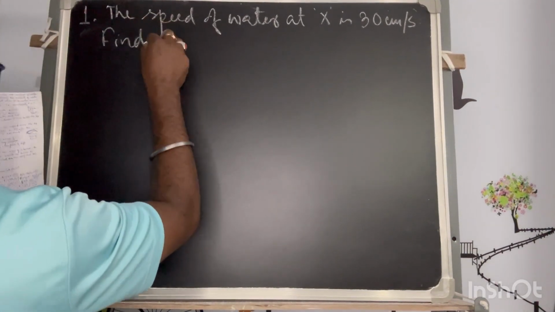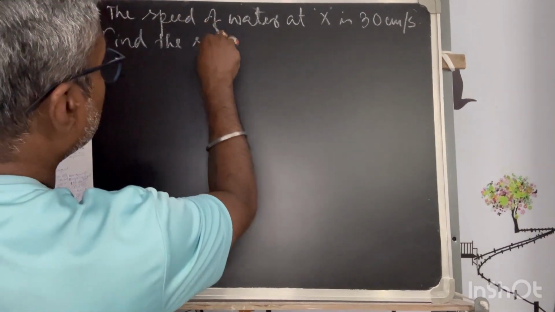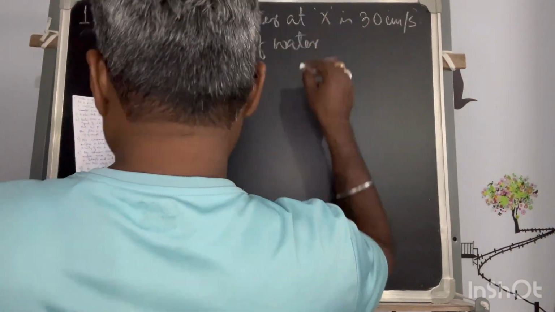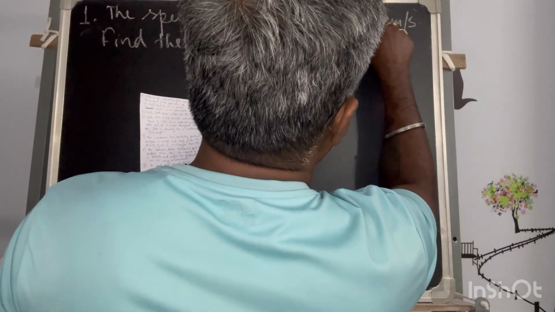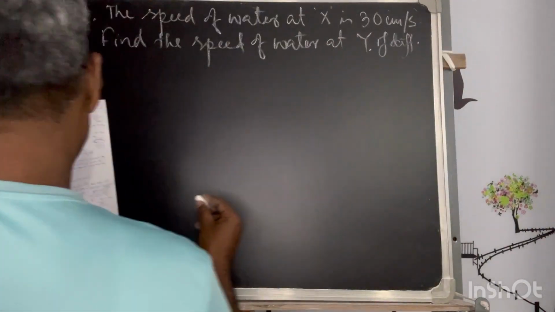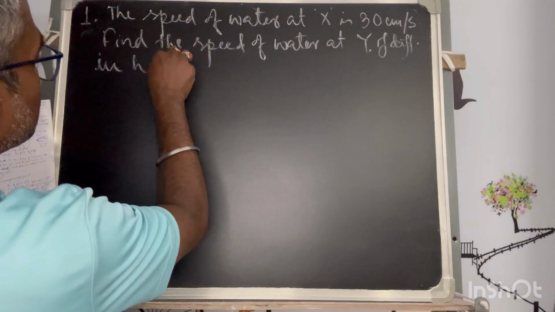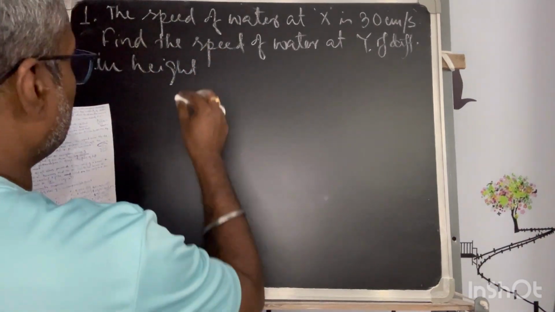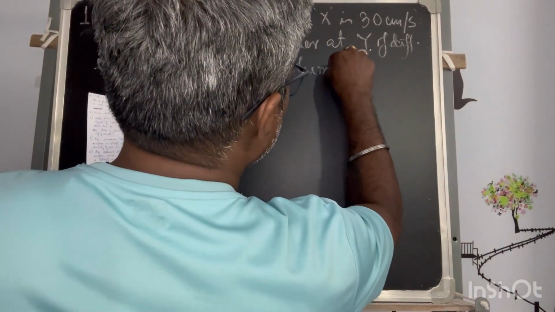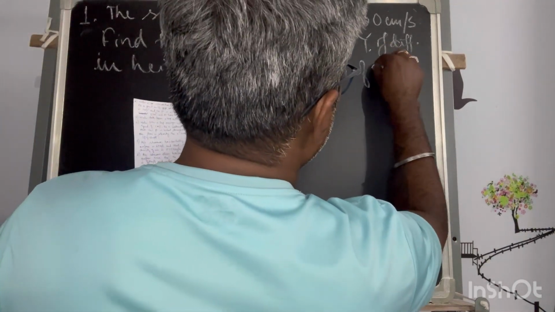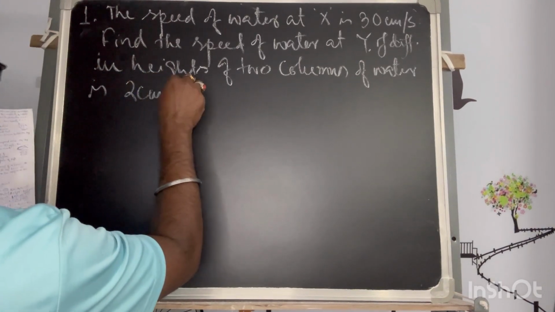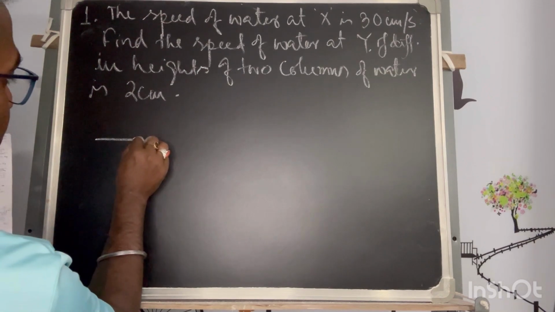Find the speed of water at Y if the difference in heights of two columns of water is 2 centimeter. So the arrangement is similar to that venturimeter. I will show the drawing. Let me write the problem first.